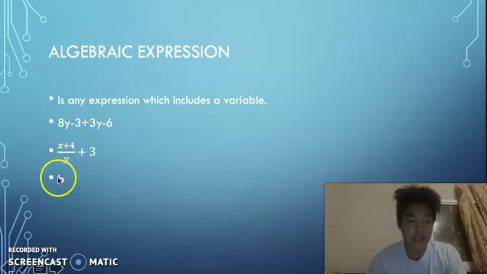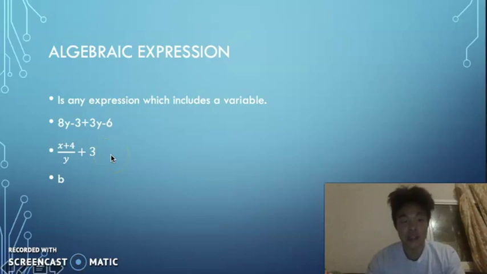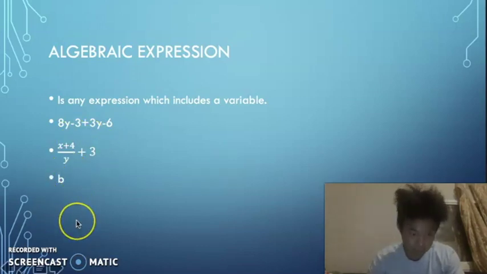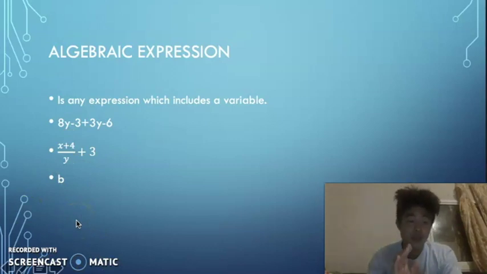In the second example, we have x plus 4 over y plus 3, and both x and y are variables. And in question number 3, we have b. Now, b is also an algebraic expression because there is the variable, which is b. So an algebraic expression is just a mathematical statement that includes a variable.